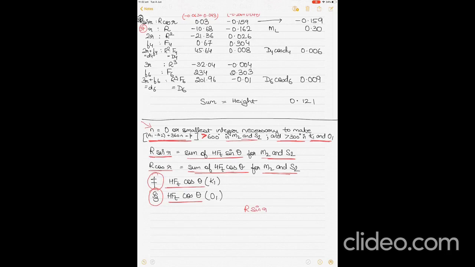r sin r is equal to 0.03 and r cos r is equal to minus 0.159, then you can just cancel this out.